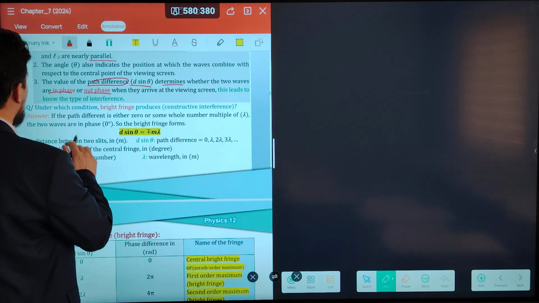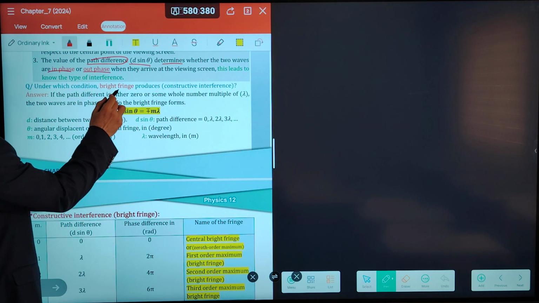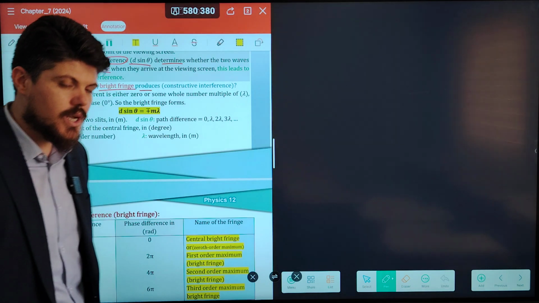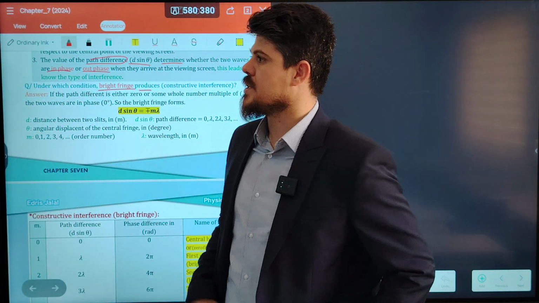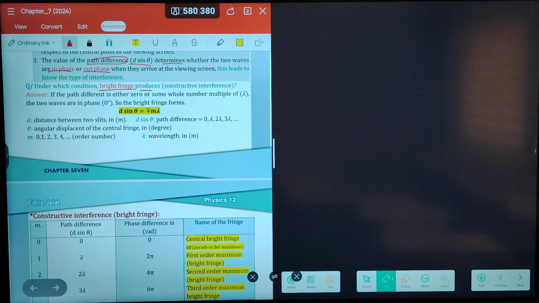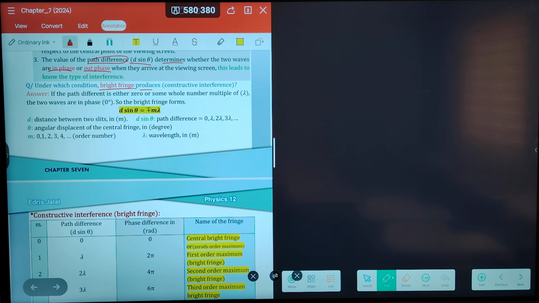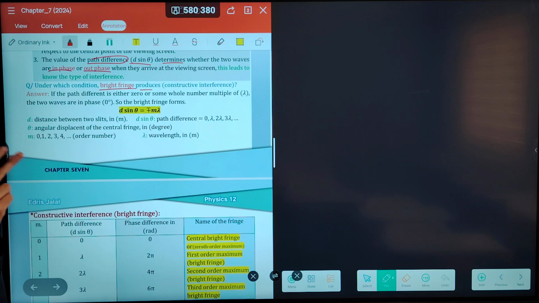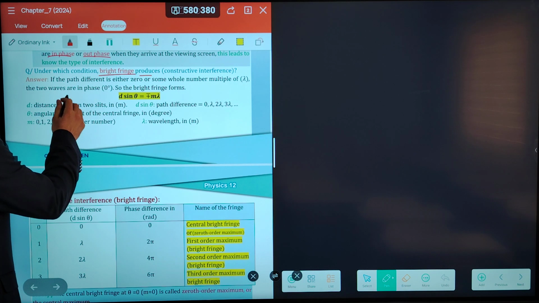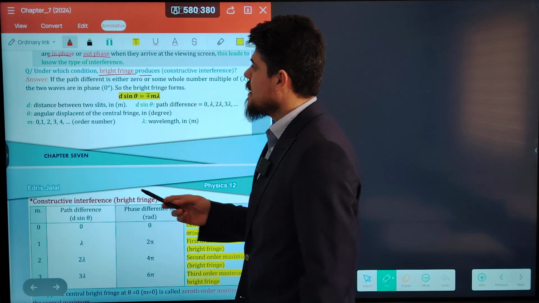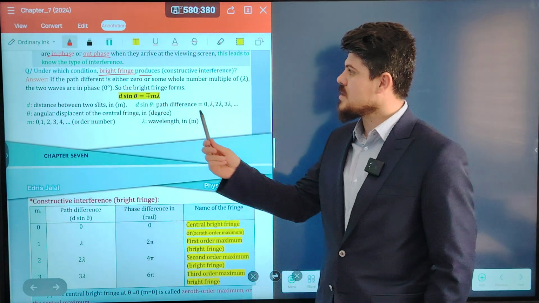So this leads us to know the type of interference. Under which condition is a bright fringe produced? When we say bright fringe, it means constructive interference between the two lights. When does constructive interference occur between two waves and the bright fringe appear on the screen?